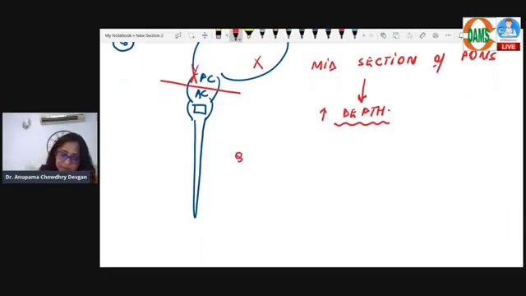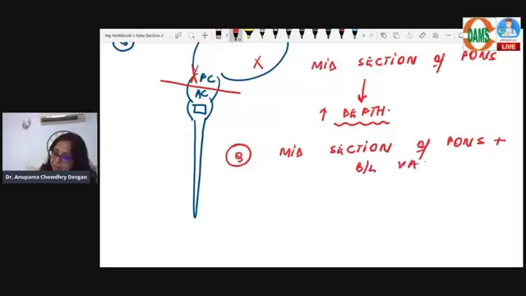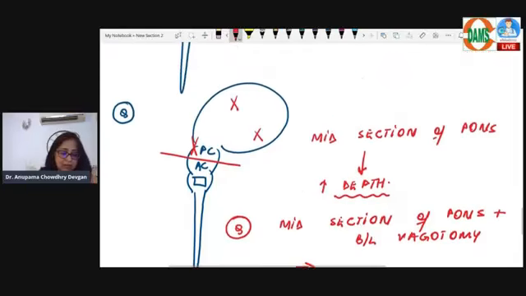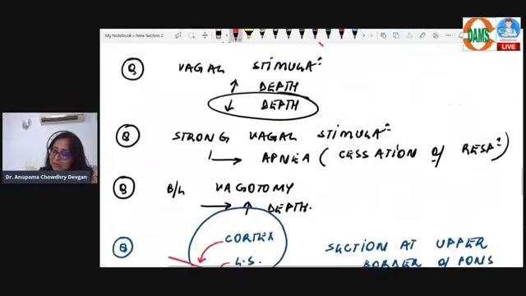Then another question. Supposing a midsection of the pons plus a bilateral vagotomy. Now both a midsection as well as a bilateral vagotomy.